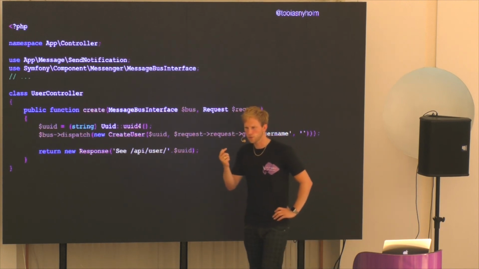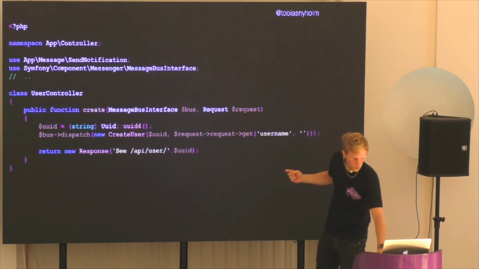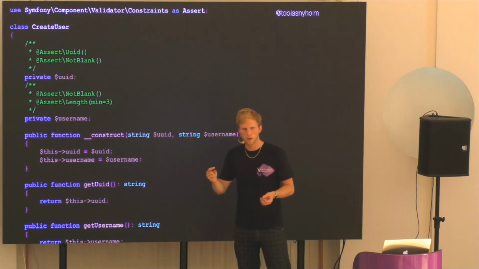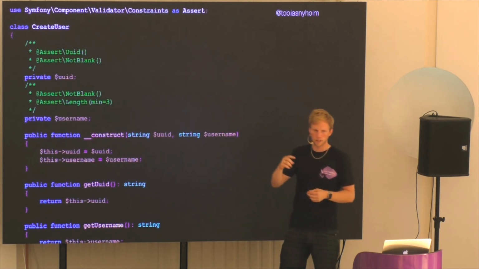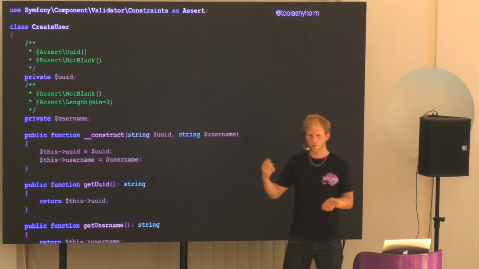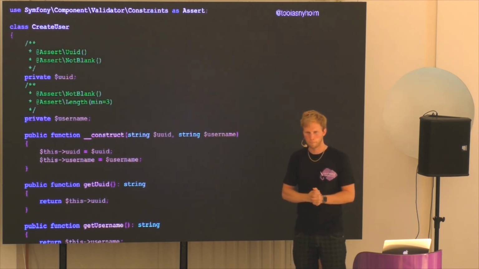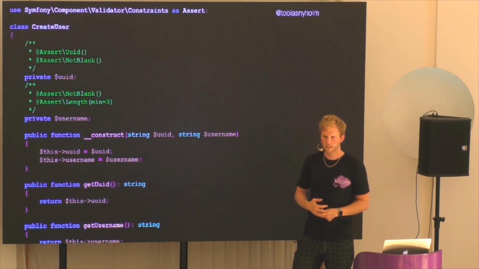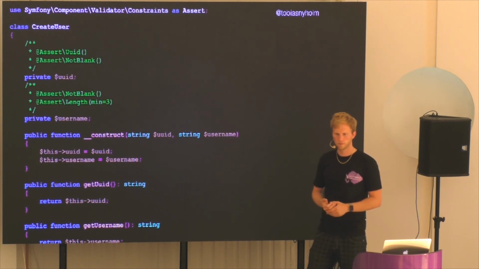About creating users, obviously the validation annotation is not always enough. Like I mentioned, we don't know if the username already exists or not. So we should do as much validation here as we possibly can, and then the handler should obviously check if this user is already registered. Here we just check typically length and structure. And about the consistency of the data, we should check in the handler. Yeah, exactly. Okay, thank you very much.